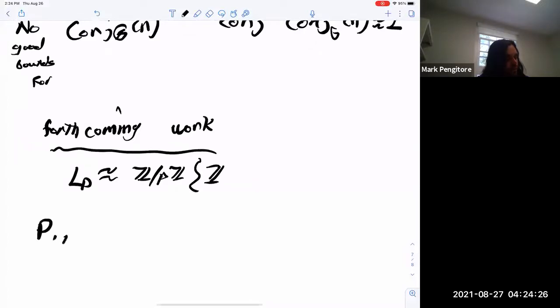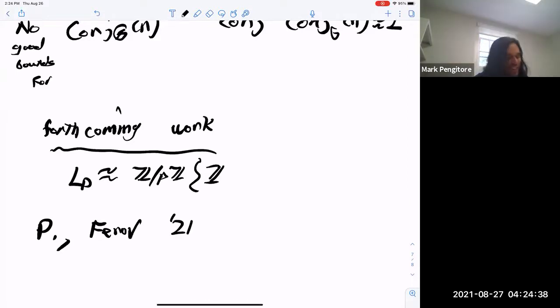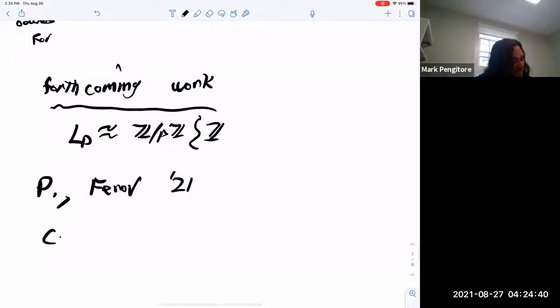Me and Michal Ferov, and this hopefully comes out this year, but you know, there is a pandemic going on, so we'll see. The conjugacy separability of the lamplighter groups grows on the nose as 2 to the n.